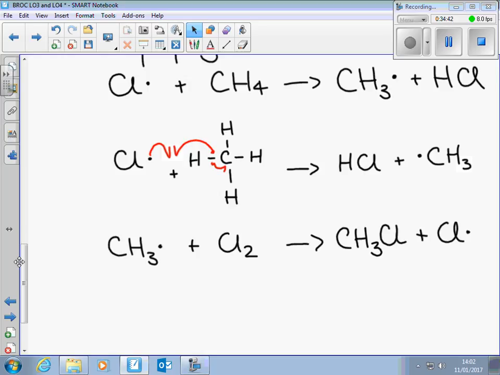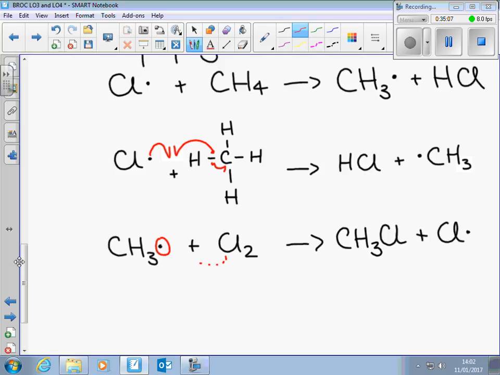You've got the odd unpaired electron here from the methyl radical, this one, moving to a place between the methyl radical and the chlorine. One of the electrons from the chlorine molecule is going to move into that space, and consequently you're going to get a bond between one of the chlorines in here.